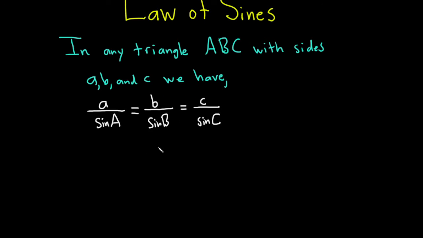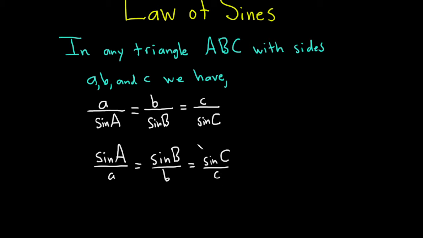You can write it as sine A over little a equals sine B over little b equals sine C over little c. So you can use either form of the law of sines. Obviously, you want to use one that is the most convenient in your example.